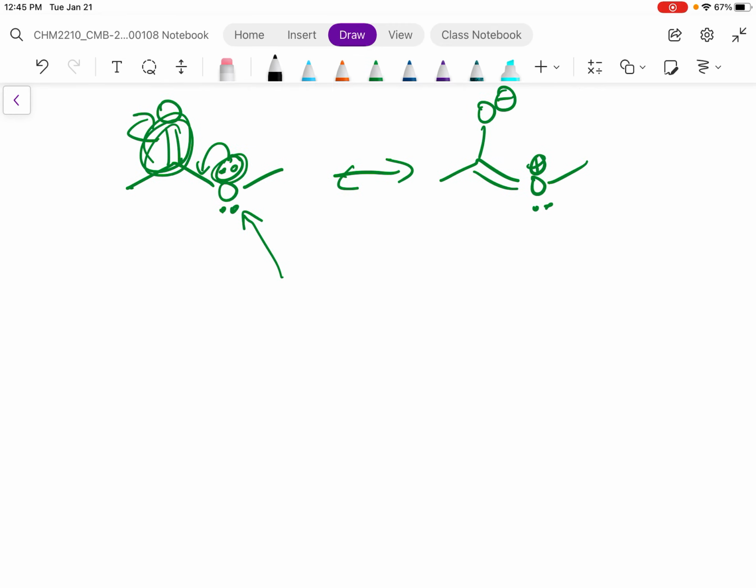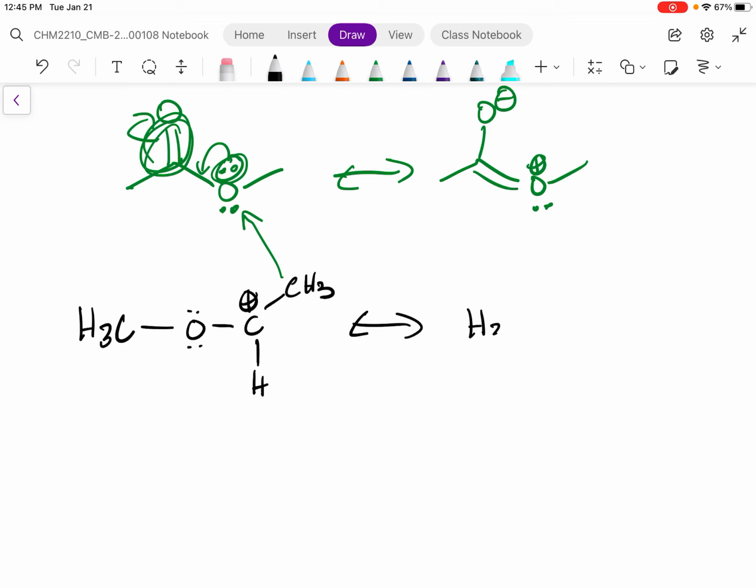So rule 1. Let me write the molecules first here. Okay, so we have these two resonance structures. And what we want to say is which one of those two is the most significant.